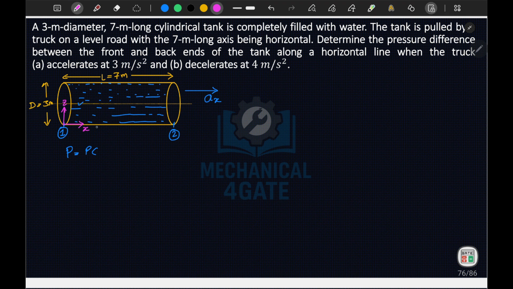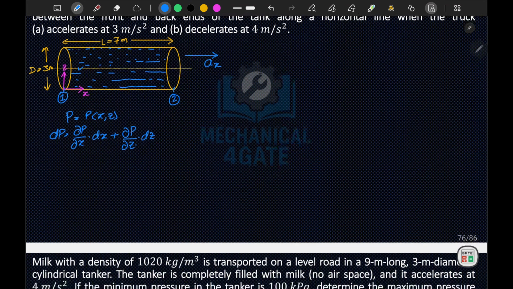So pressure is a function of x comma z. Then dp is equal to del p by del x times dx plus del p by del z times dz.